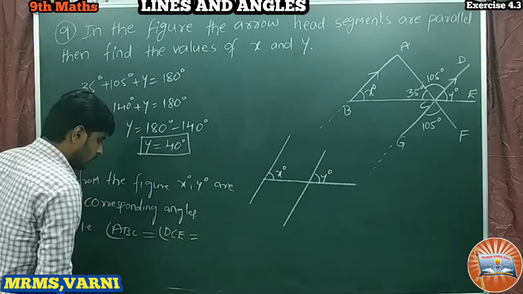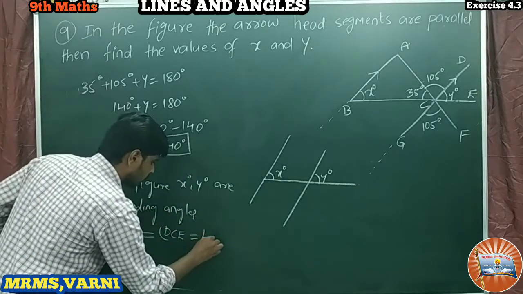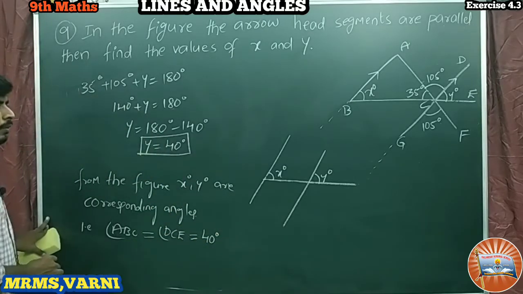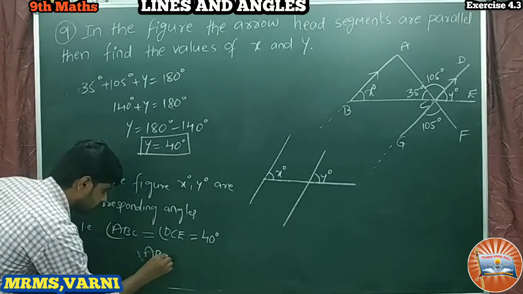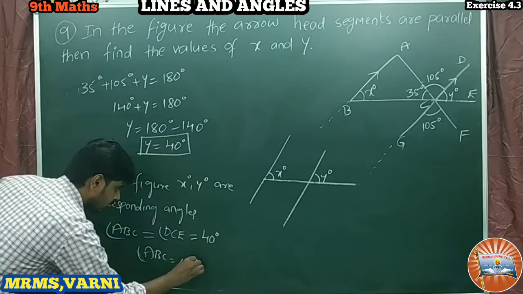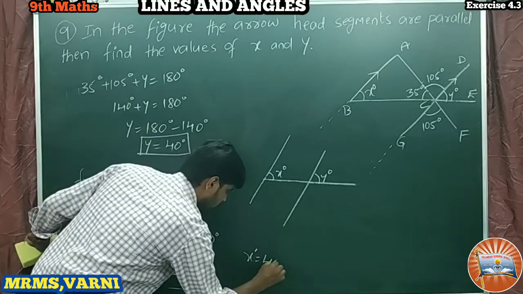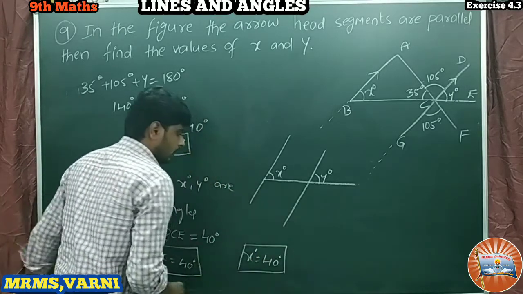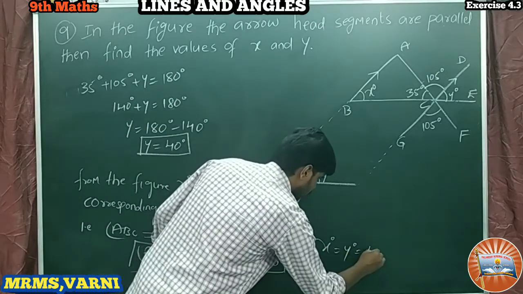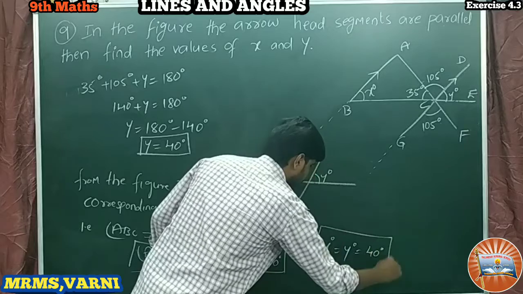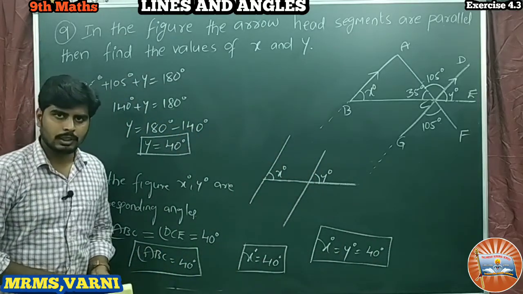That is equals to how much? DCE we got already, that is nothing but y degrees. We got here 40 degrees, isn't it? Right. So angle ABC is also 40 degrees. That is nothing but x is equals to 40 degrees. So we can write x degrees is equals to y degrees is equals to 40 degrees. I hope you understand the problem. Is it clear?